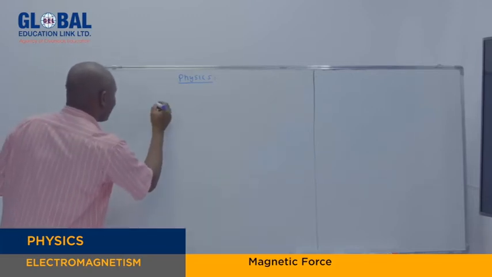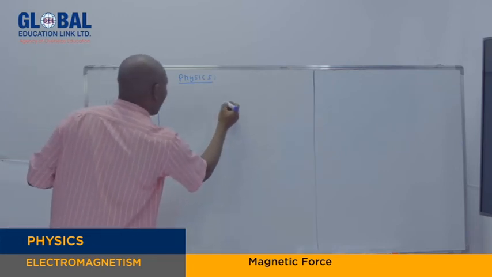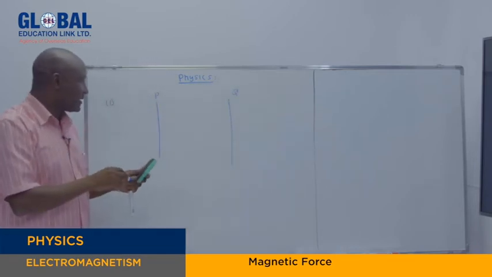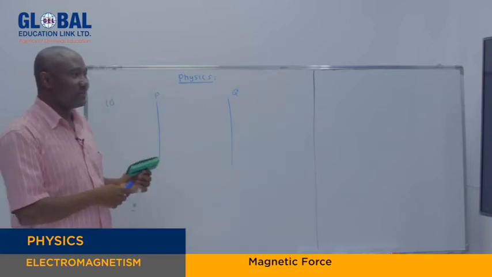So you have two wires, P and Q. You can be given letters like P, Q, X, Y. These are carrying currents.